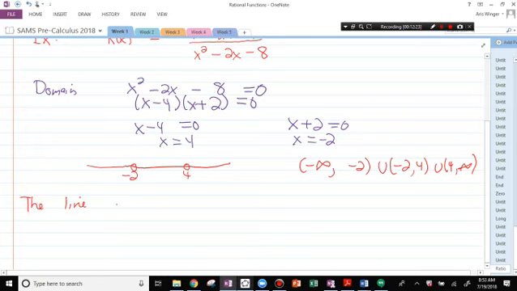The line x equals -2 is called a vertical asymptote.